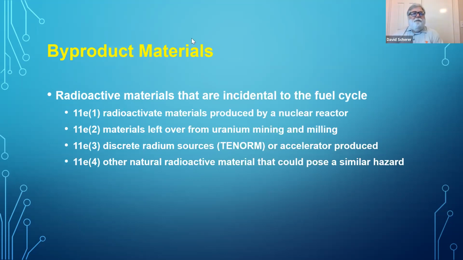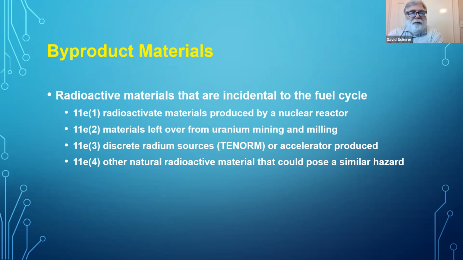The third category of materials is byproduct materials. We will be talking about byproduct materials when we talk about the rules. The original definitions are sometimes referred to as 11e(1) through 11e(4) byproduct materials. That 11e is the section of the Atomic Energy Act where it's defined and where the requirements are established. 11e(1) byproduct materials are things that are made radioactive in a nuclear reactor.